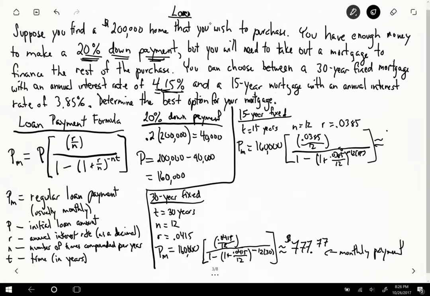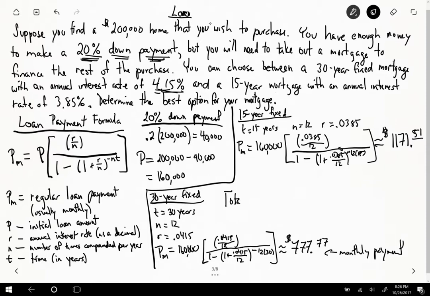And so now this becomes, so you might be wondering what's going on here, $1,171.51. You might be saying, what the heck? A 30 year is so much better. Not so fast.